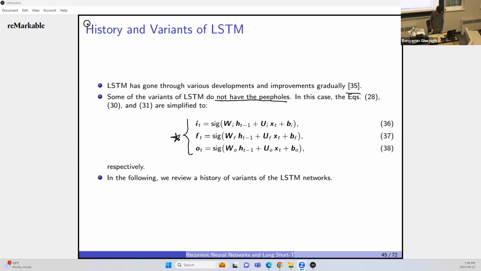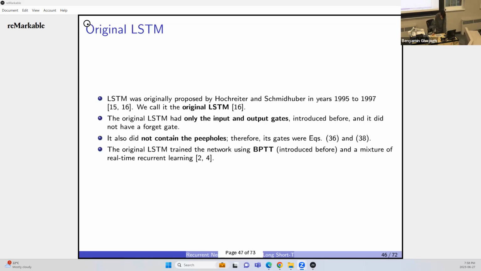Then let's review a history of variants of LSTM. LSTM was originally proposed by Hochreiter and Schmidhuber in years 1995 to 1997. We call it the original LSTM.